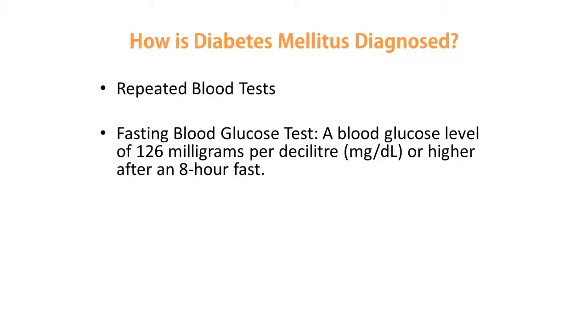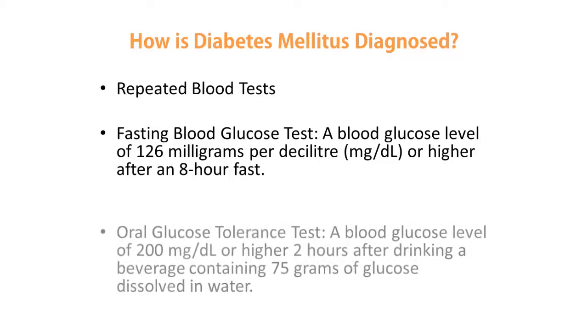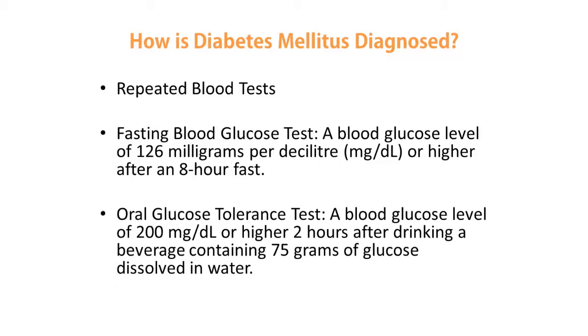A diagnosis of diabetes is formed if a blood glucose level of 126 milligrams per deciliter or higher is present after an 8-hour fast. Pregnant women, however, undergo the oral glucose tolerance test.